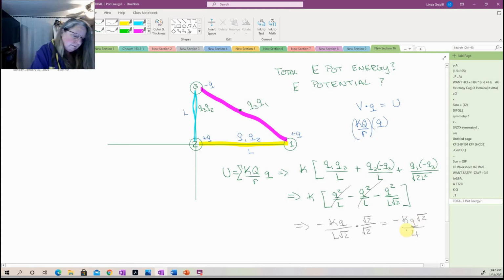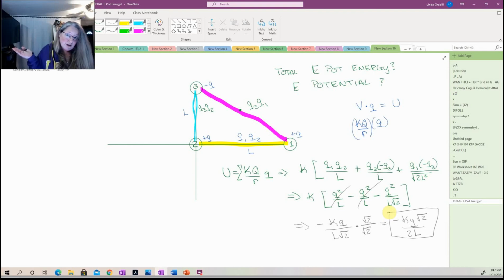I'm sorry, 2L. I can't do math in my head. So root 2 times root 2 is 2, over 2L. And that's it. That gives me the potential energy at that point. If I want to look at the change in it, I don't really have anything to compare it to, so I'm not looking for a change in potential. That just gives me the overall potential.